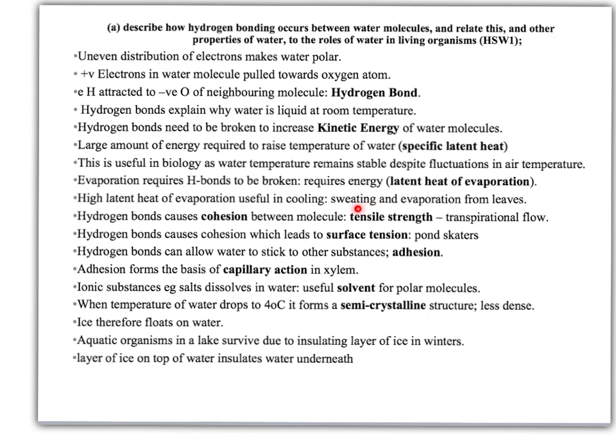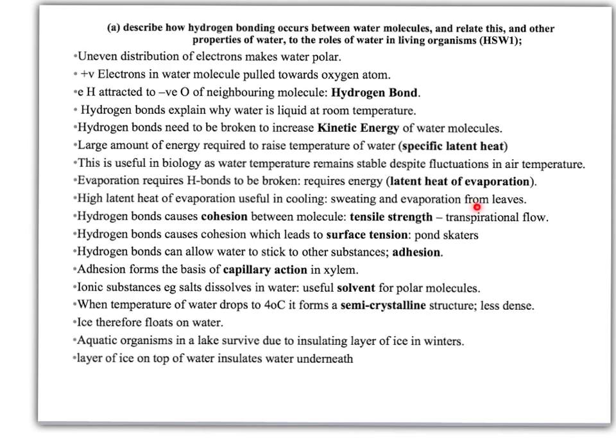One of the reasons it's so effective is because of the high latent heat of evaporation, i.e. a lot of energy is required to convert our liquid into a gas. Leaves do the same. The whole idea of the transpirational flow of leaves is to maintain leaves at a temperature which is optimum for enzymes.